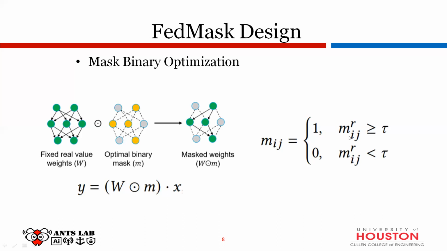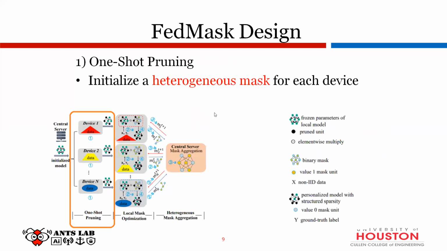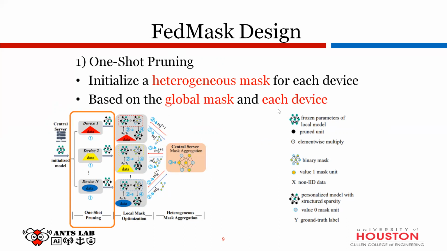We can check. Okay. So this is the binary optimization, and now we're talking about the one-shot pruning here. What it does is initialize a heterogeneous mask for each device, based on the global mask in each device. How they generated this heterogeneous mask, they only mention the concept.